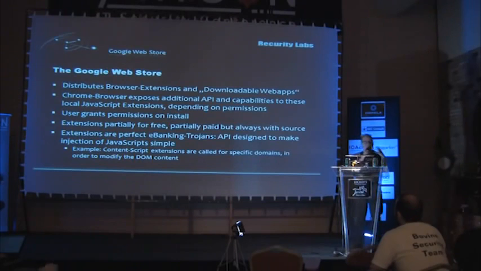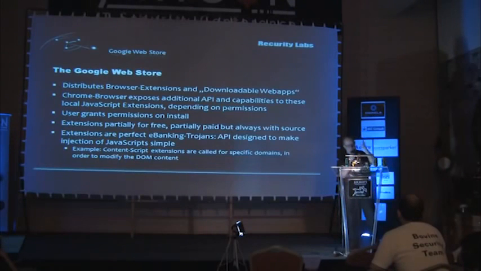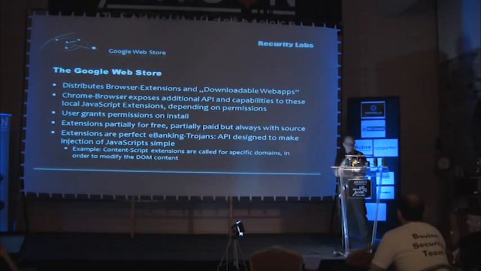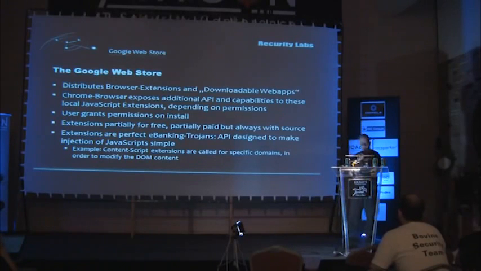Because one thing you can do is a so-called content script, where you say, for the following domains, I would like to get control after you rendered the entire DOM, and I would like to change some things in the DOM. Which is exactly what very expensively made banking Trojans on Windows usually do, so that they can get your PIN and your TANs and whatnot and send it to servers outside your bank's domain. So it's really, really powerful.